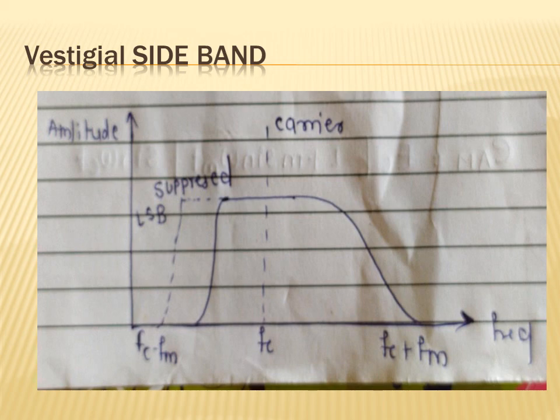Vestigial means a part. Here one complete sideband and a portion of the other sideband are transmitted together. Along with the upper sideband, some part of the lower sideband is transmitted.